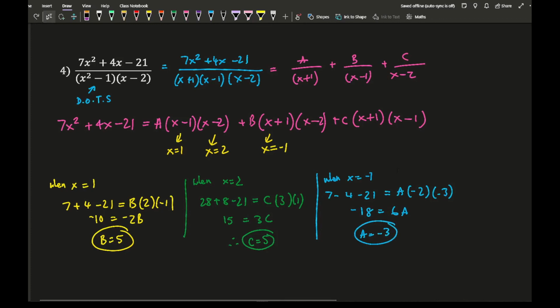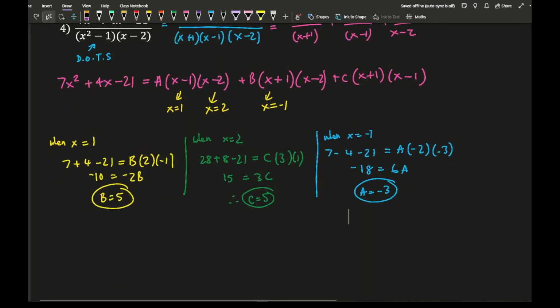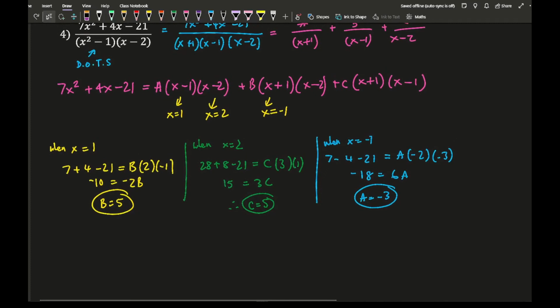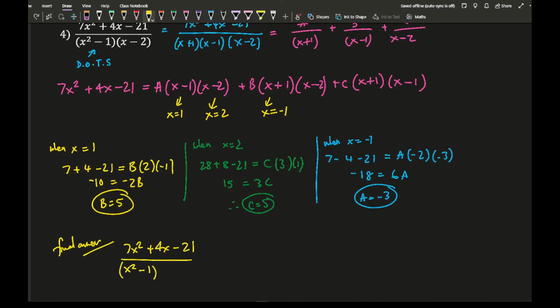So finishing off this question, in terms of final answer, let's do it in yellow, so final answer is 7x squared plus 4x minus 21 over x squared minus 1 times x minus 2 equals minus 3 over x plus 1 plus 5 over x minus 1 plus 5 over x minus 2.